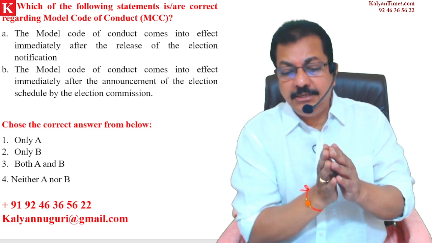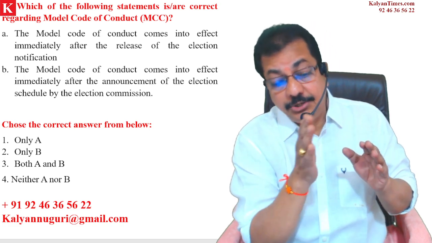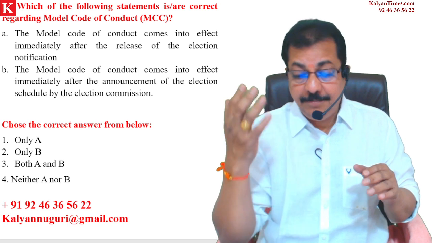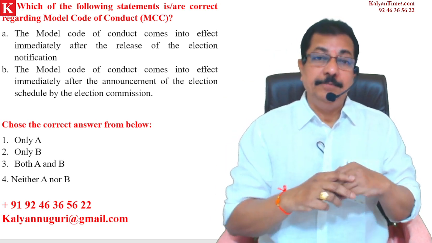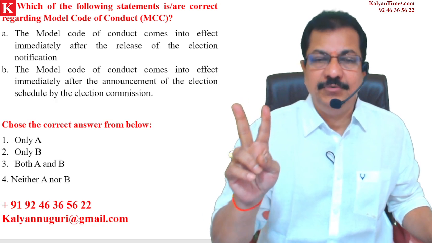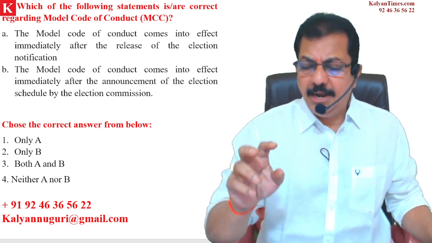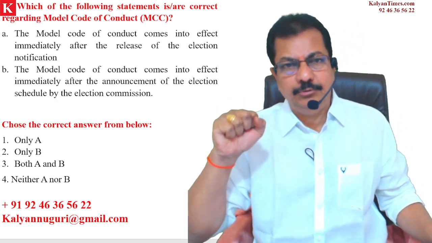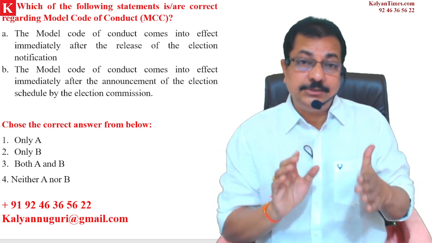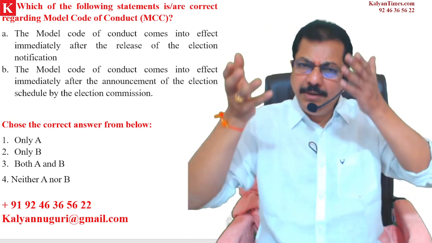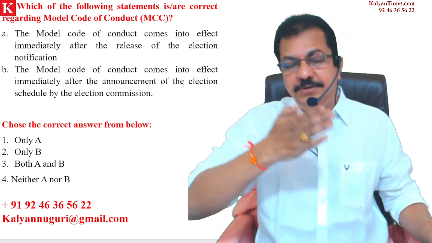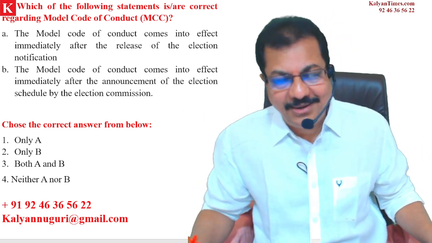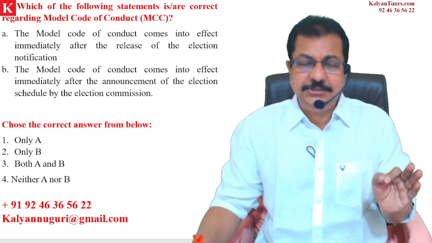The only difference is the release of the election notification in statement A and the announcement of the election schedule in statement B. You have to make the difference between these two, and you will be able to do so in the first reading when you have the complete concept in mind. That is the reason why superficial reading will not be permitted in competitive examinations.